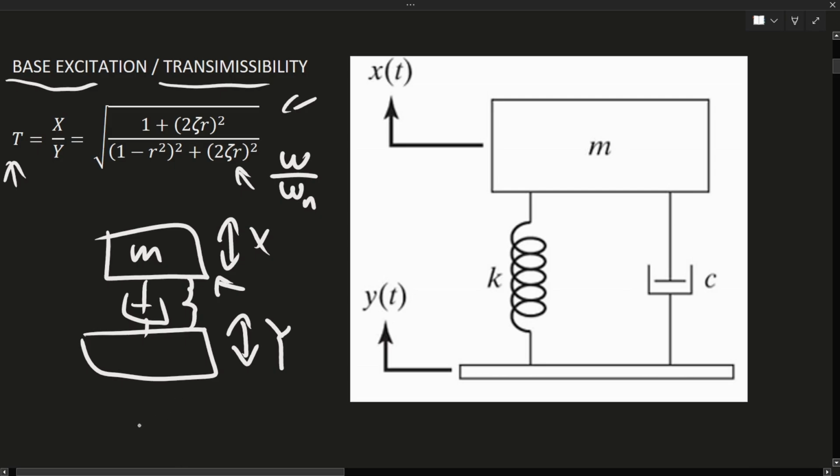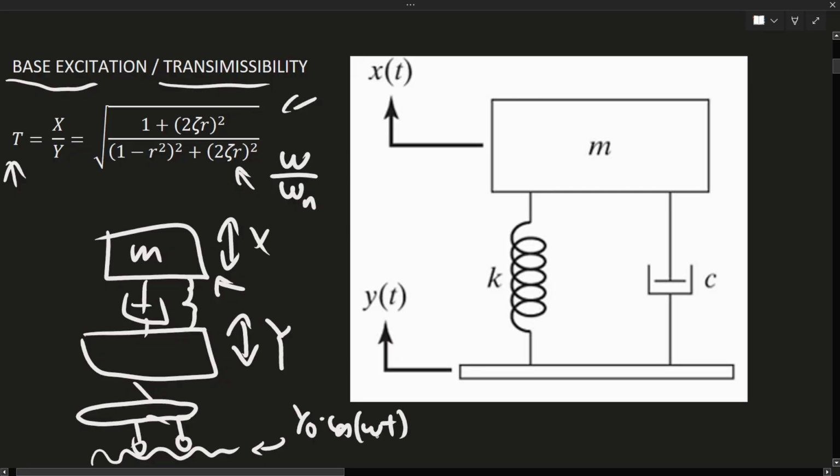Also, one last thing, there's a lot of problems for some reason that use planes that go on a runway, and the runway looks something like this, and they define the runway as y0 times cos or sine omega t, just because it looks like the same shape geometrically.